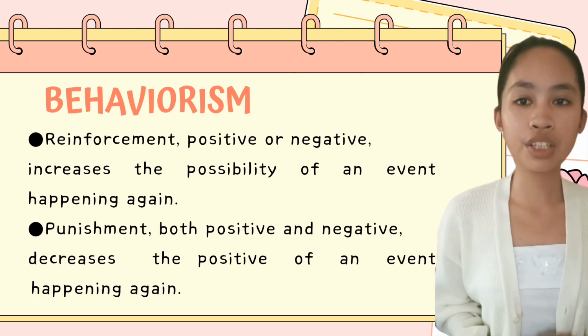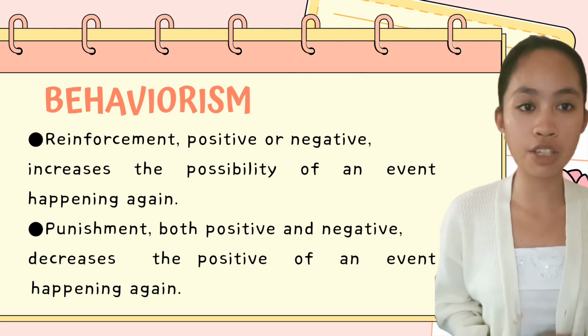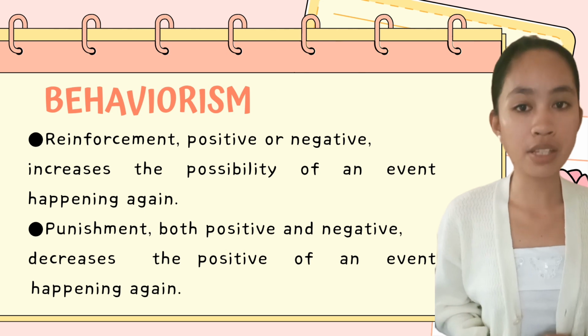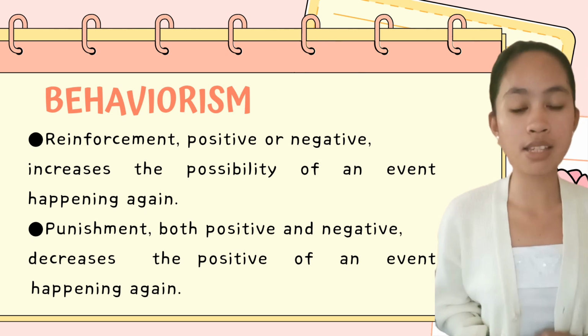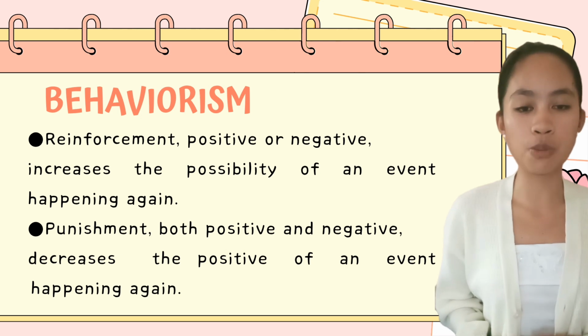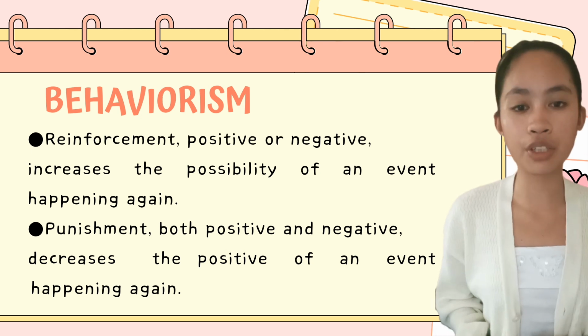Next, reinforcement, positive or negative, increases the possibility of an event happening again, while punishment, positive or negative, decreases the possibility of an event happening again. So, reinforcement, in simpler terms, is encouragement.